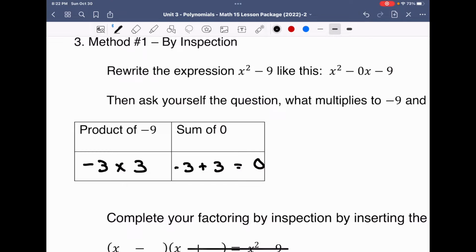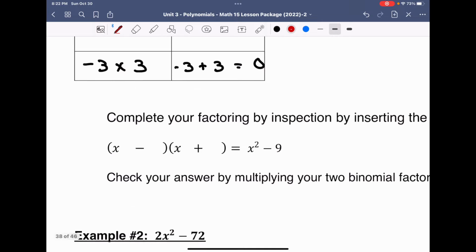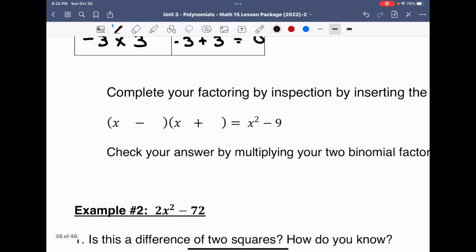So by inspection, because a is equal to 1, which I'll actually write above here, we can do inspection. And so by inspection, here's what our factors are: x minus 3, x plus 3 is equal to x squared minus 9.